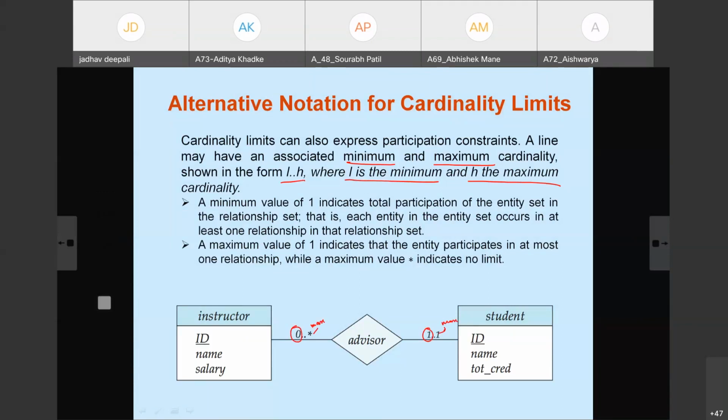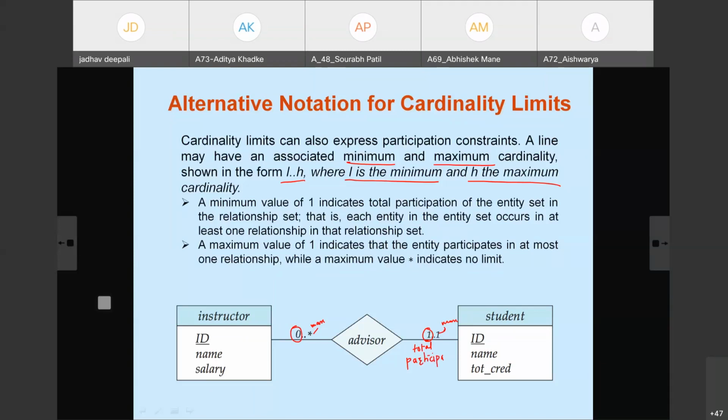A minimum value 1 means it's a total participation. At least one entity in the entity set participates in that relationship set.